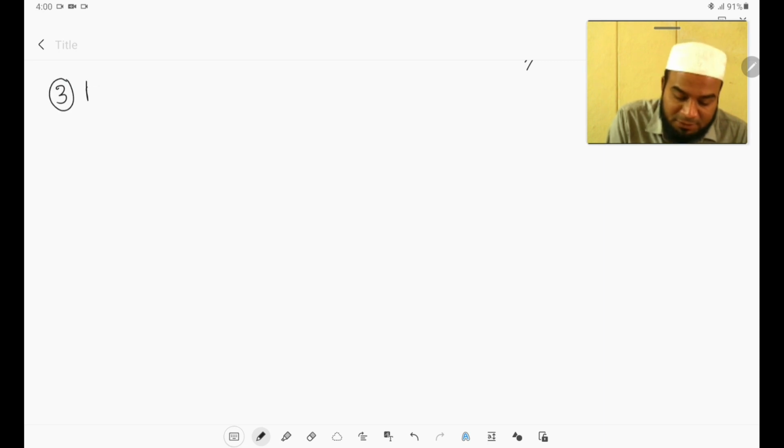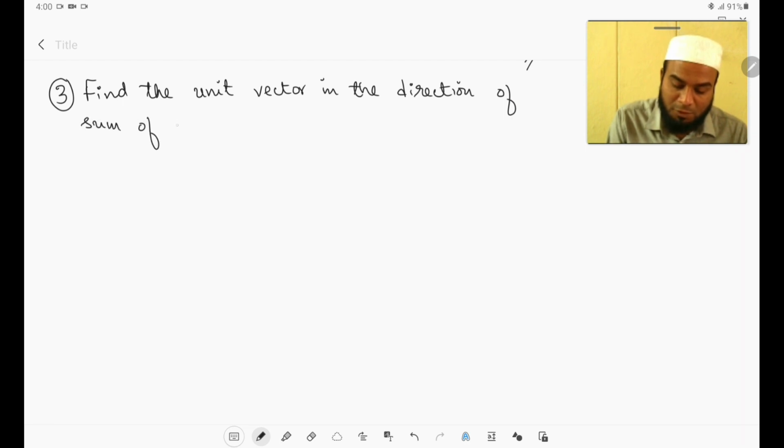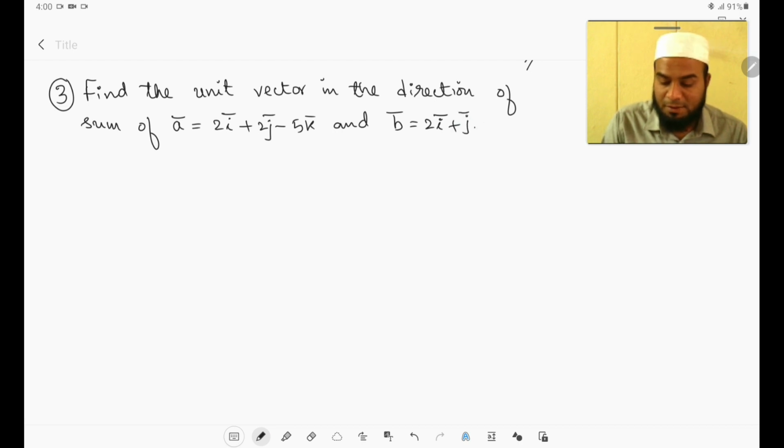The question is: find the unit vector in the direction of the sum of a bar equals 2i plus 2j minus 5k, the first vector, and the second vector b bar equals 2i plus j plus 3k.